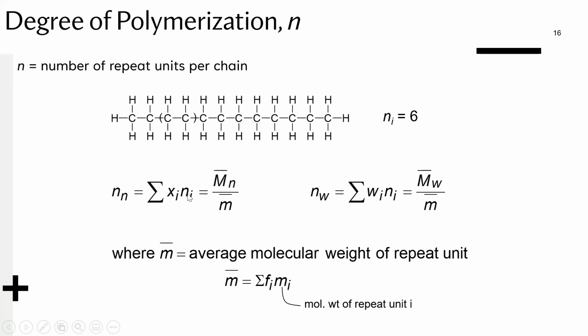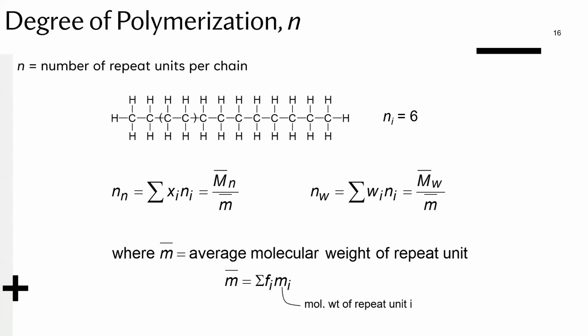So for instance, if you had a distribution, this time instead of molecular weight, for degree of polymerization, you would be able to use this formula and calculate each of these products and sum it up. So this is, again, pretty simple. It follows the same concept, it's the same formula, but rather than finding the average for molecular weight, here we're finding it for degree of polymerization.